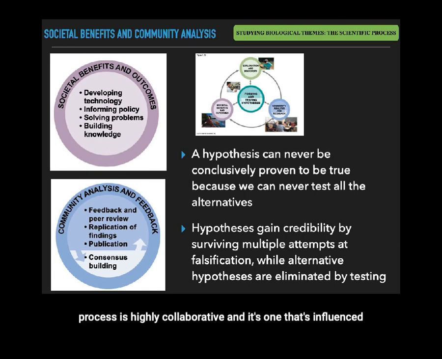The scientific process is highly collaborative, and it's one that's influenced by interactions with other scientists as well as with society. Examples here include technology development, science informing policy, problem solving, and building a shared knowledge base. Scientists hold their work to a high standard, and they rely on feedback from peers.